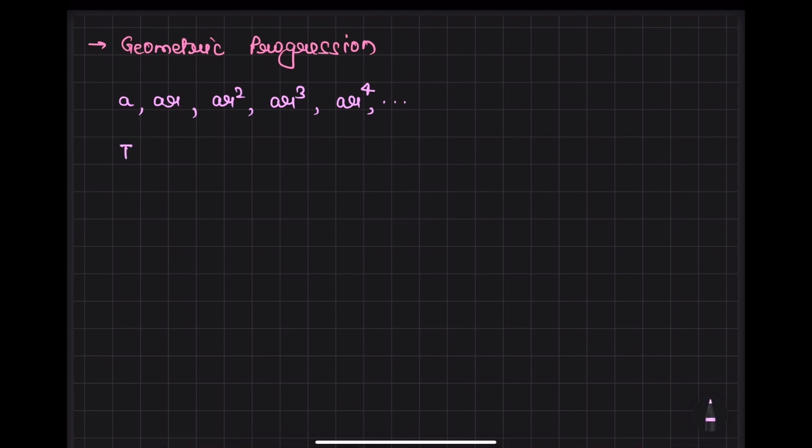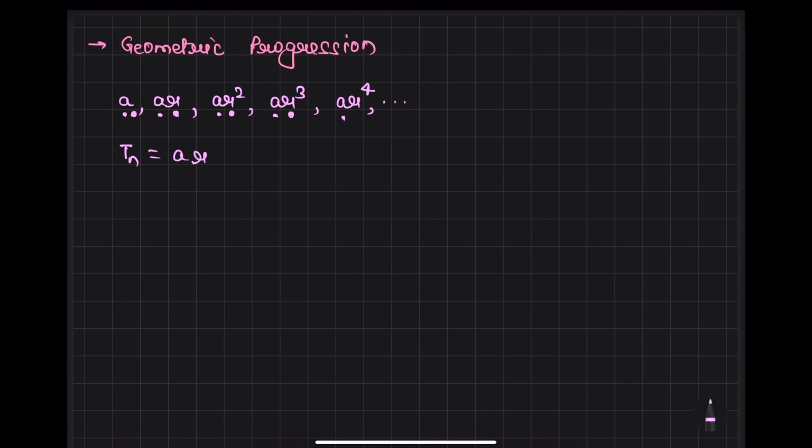As it is a progression, you can find the formula for the nth term. If you observe, in every term there exists a, so in the nth term also there will be a. Now focus on r. What is the power of r in the first term? It is 0. Second term, 1. Third term, 2.